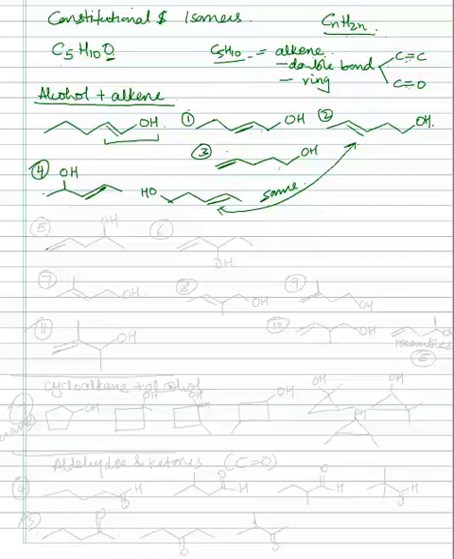Now that I have moved that one, I can try from number 3 and see how that works out. Again, 5 carbons, 1, 2, 3, 4, 5, double bond over here. The alcohol was at the end, and now I can move that here, and that is fine. I can try one more. Here is that, and here is my alcohol.